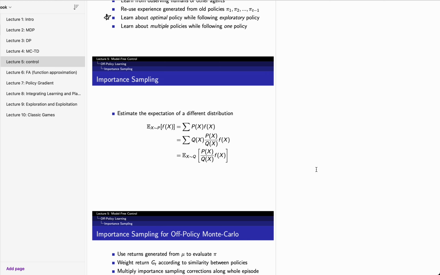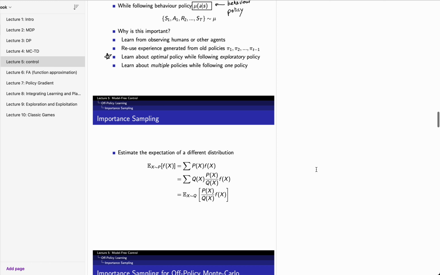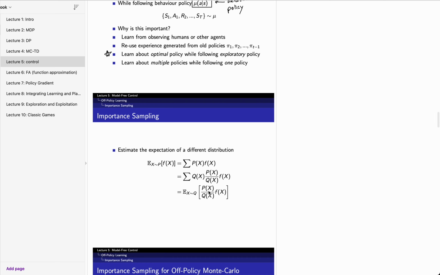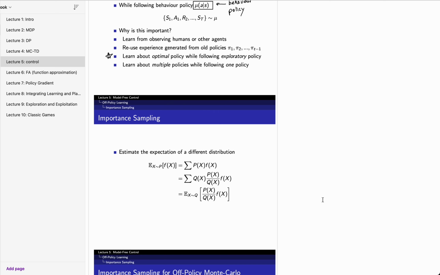To do off-policy learning, you have a target policy pi and a behavioral policy mu. To learn from the behavioral policy to update the target policy, you need to do so-called importance sampling.